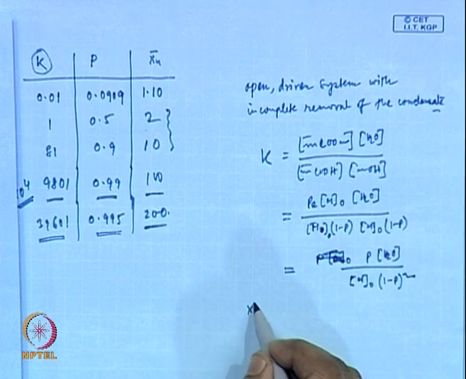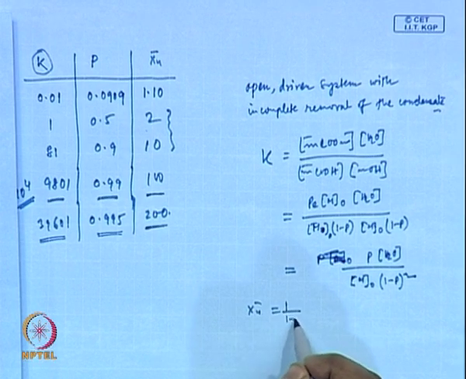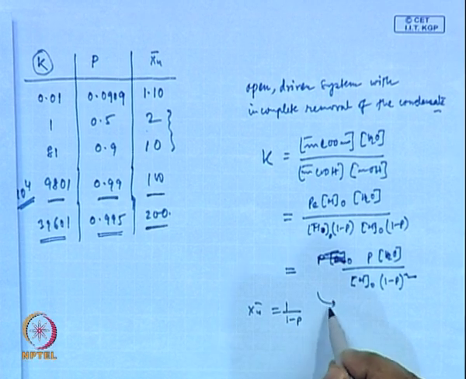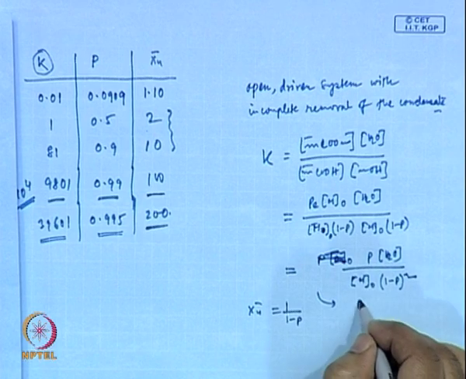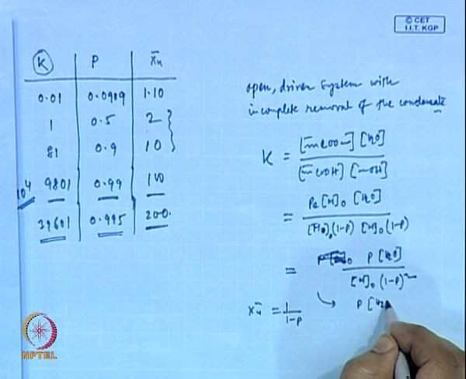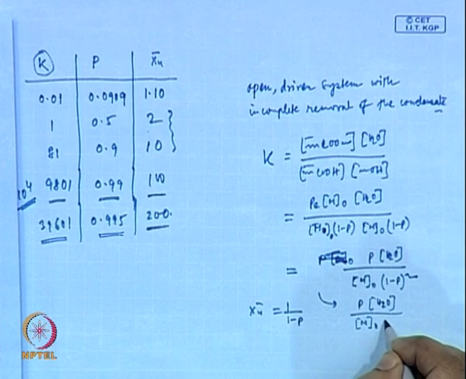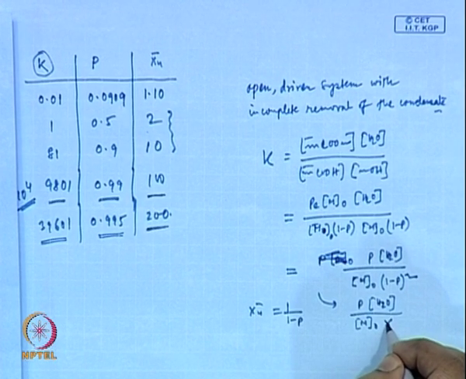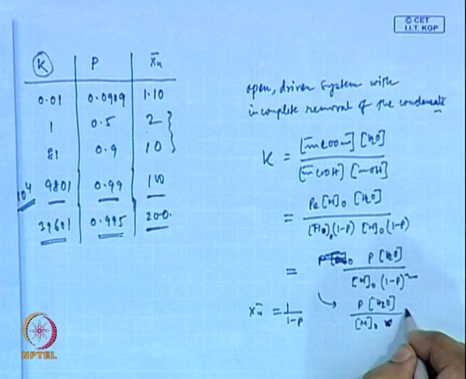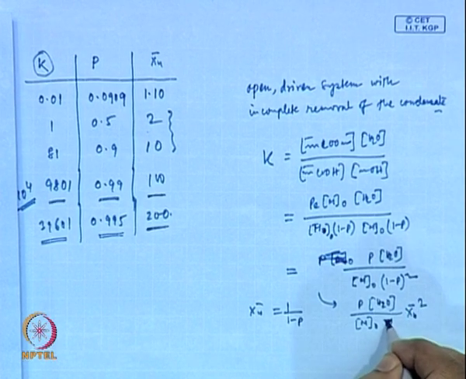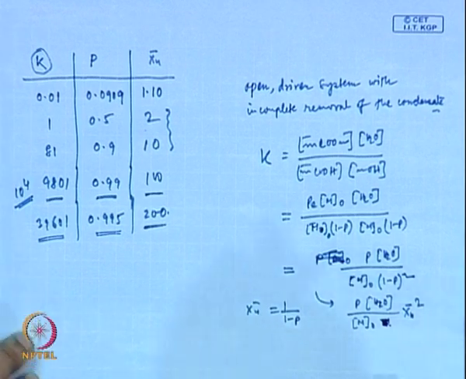We know Xn is 1 by 1 minus P. So, this can be written as, okay, let me write once again.